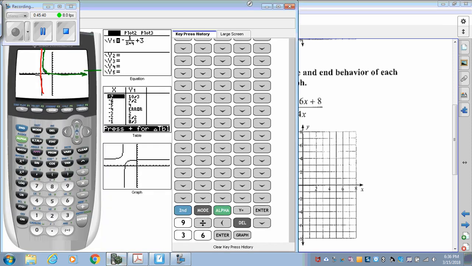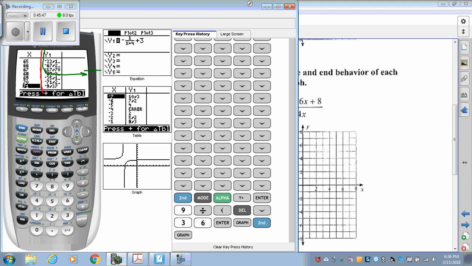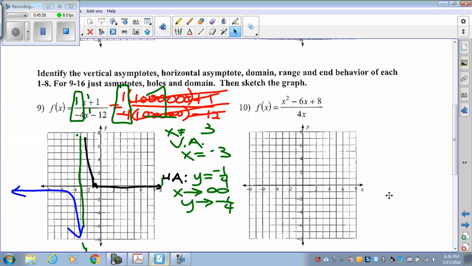Just look at the graph one more time. So that is the main point we're going to get out of this. We have the vertical asymptotes, and then notice your horizontal asymptote. If you have variables on the top and bottom with the same exponent, then they cross out, and your coefficients are your horizontal asymptote.